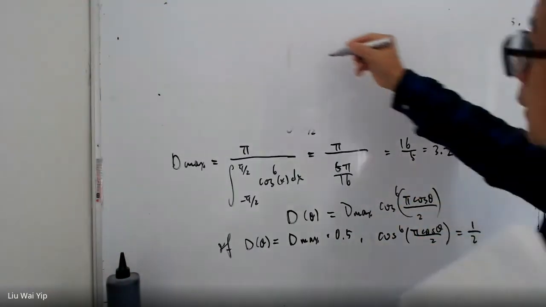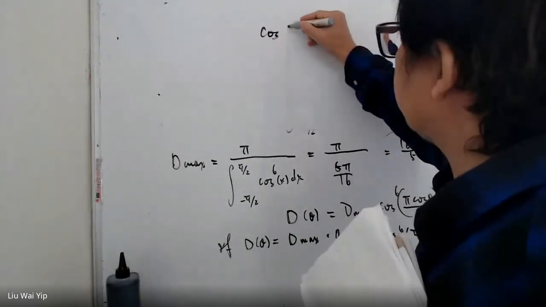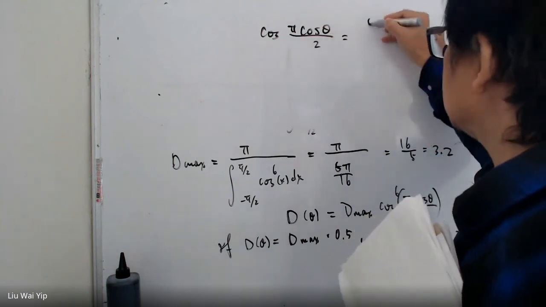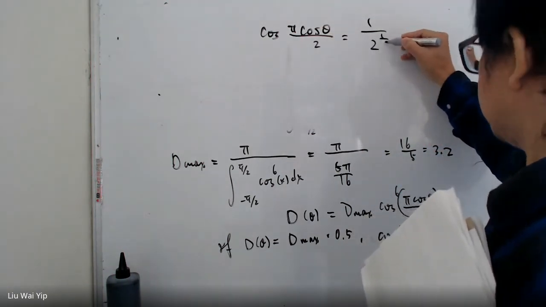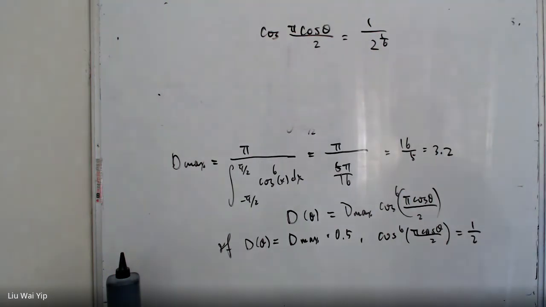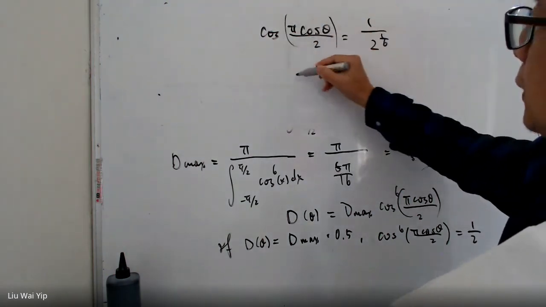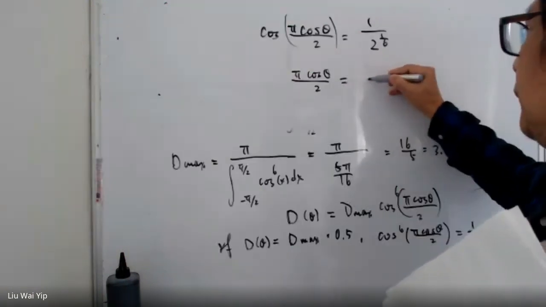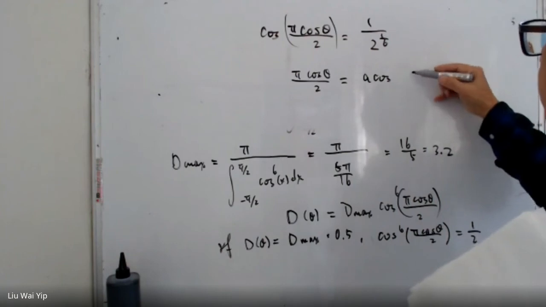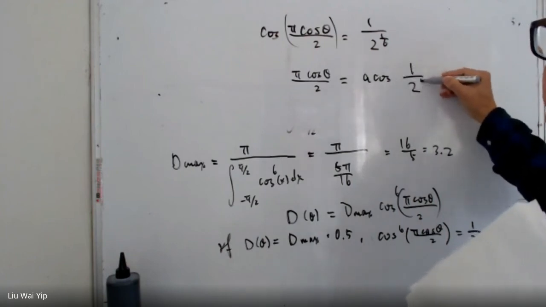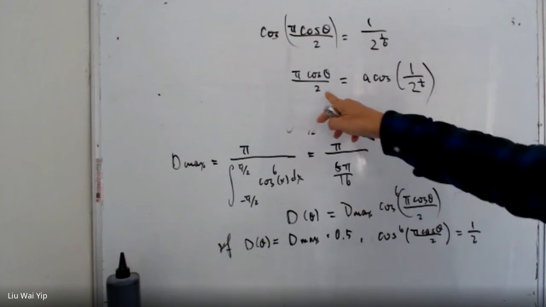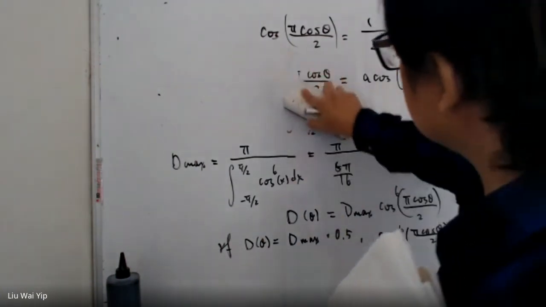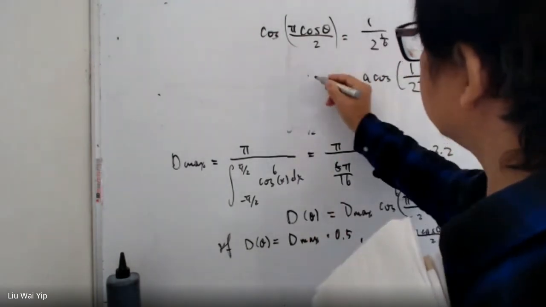So this here is cos of pi times beta divided by 2, and obviously this one is a cos, and of course you just do this, and we end up with cos theta.